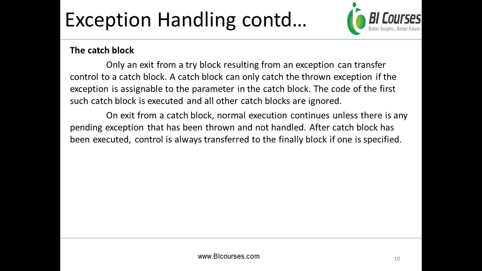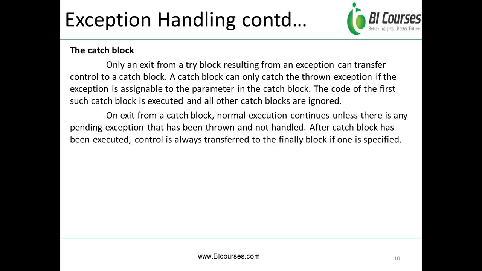The exception is assignable to the parameter in the catch block. The code of the first such catch block is executed and all other catch blocks are ignored. Like if we have an arithmetic exception and an exception class, and the exception is an arithmetic exception, then the first catch block will be executed and the remaining catch blocks will not execute. I'll show you in an example.